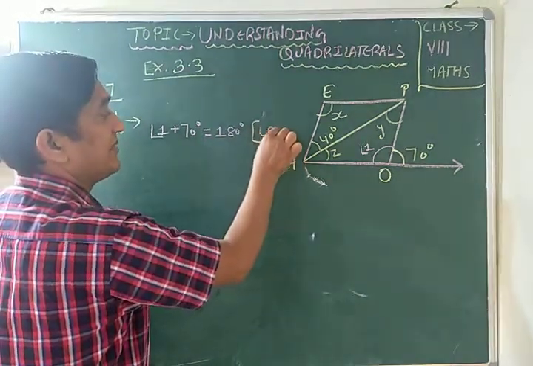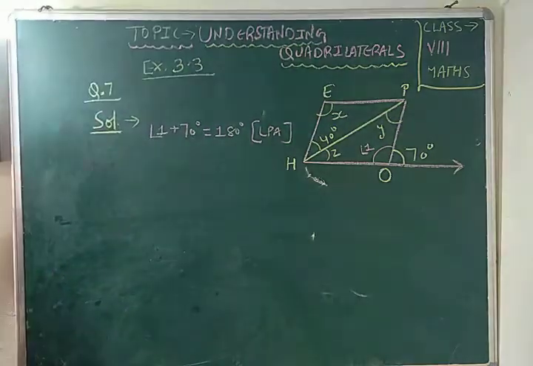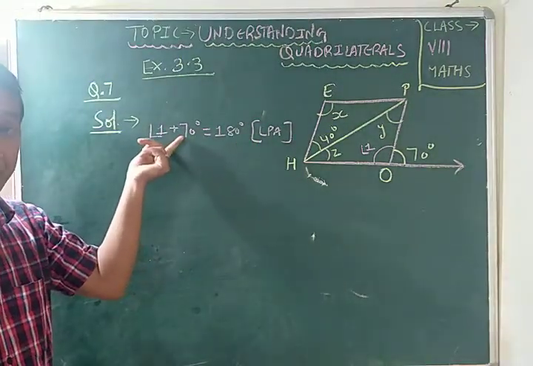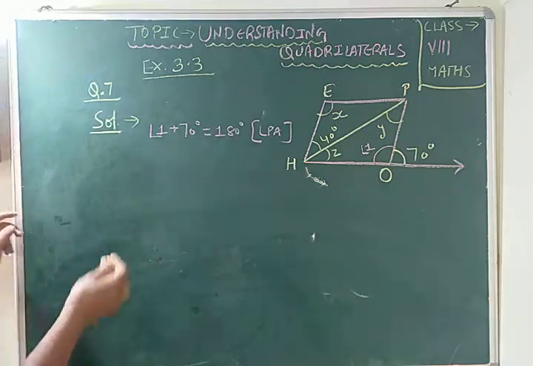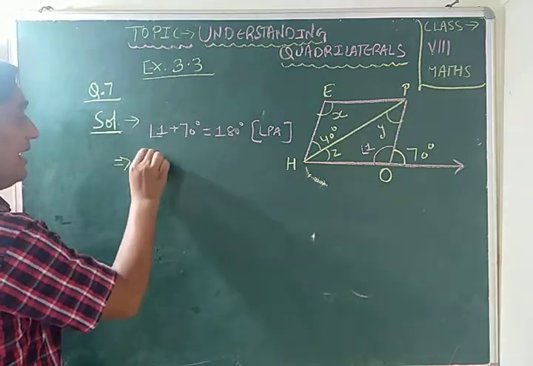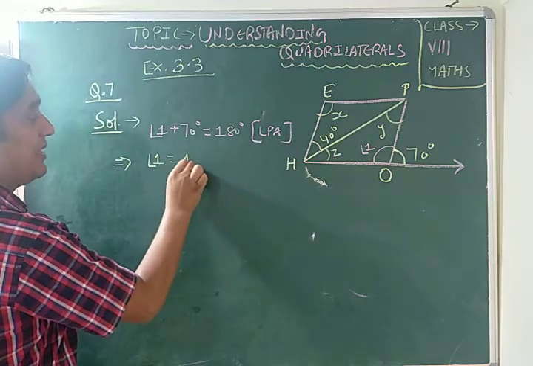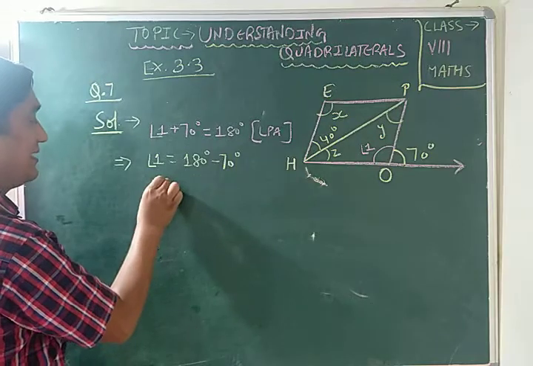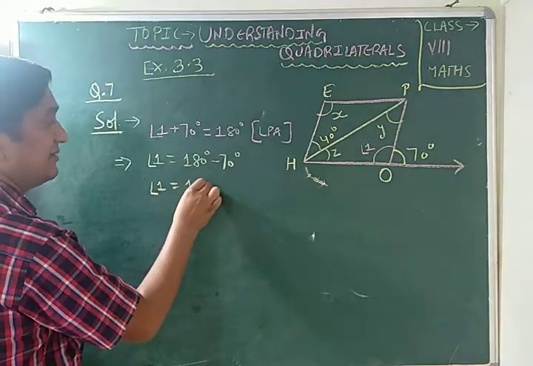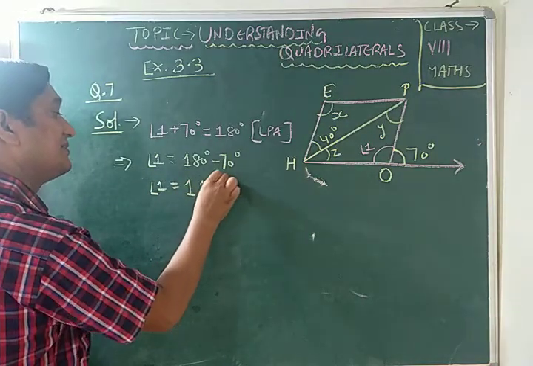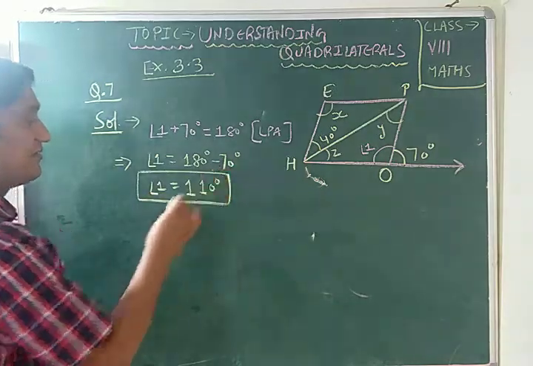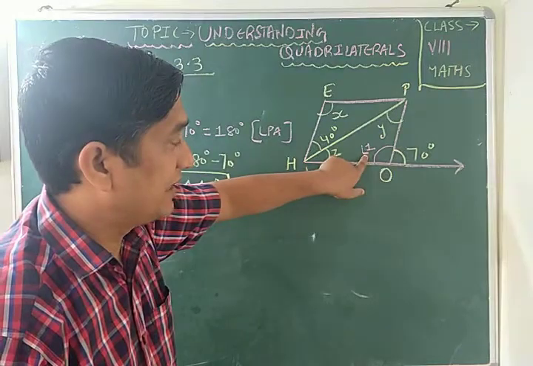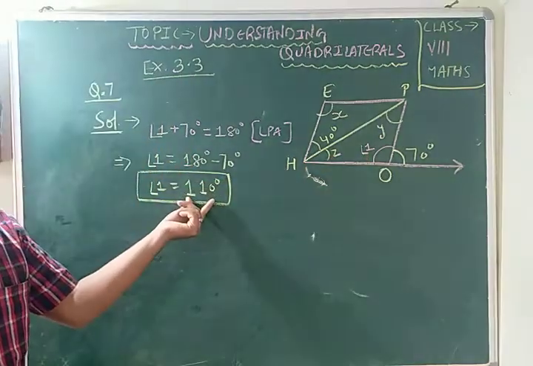According to linear pair axiom, the sum of these two linear pair angles is 180 degree. Now it implies that angle 1 is equal to 180 degree minus 70 degree. The value of angle 1 is 110 degree. Now children, here we find that the value of angle 1 is 110.